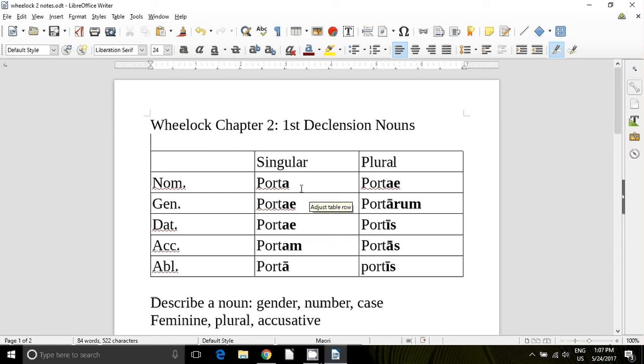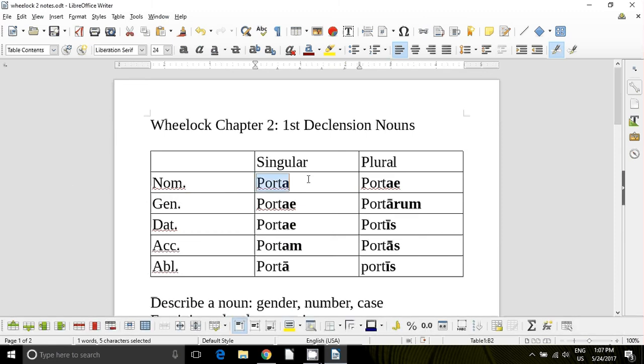And you can see them. So this is how the word porta changes to indicate that it is in a different case. So when it's in nominative, it's porta. When it's in genitive singular, portae. Dative singular, portae. Accusative singular, portam. Ablative singular, porta.